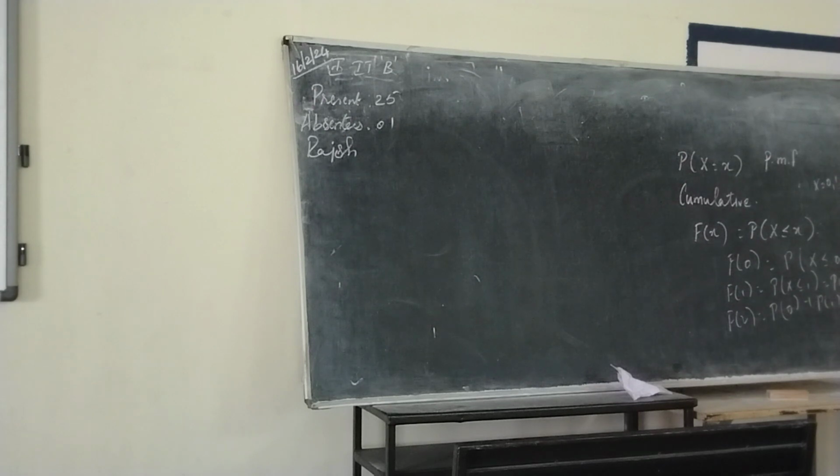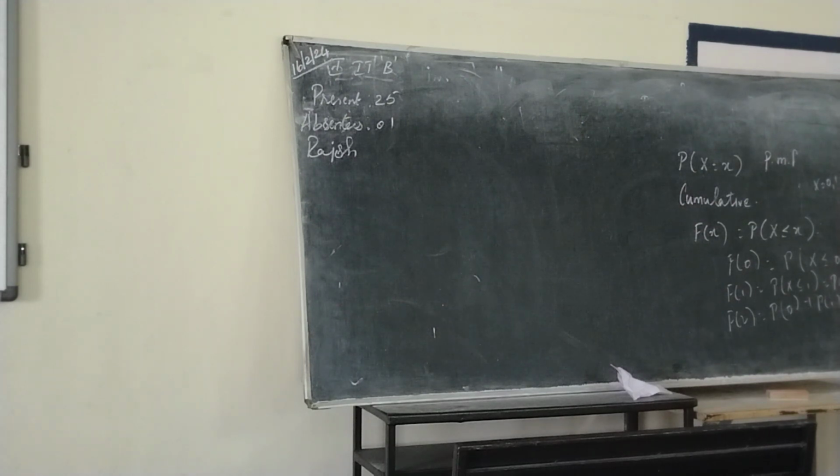What is the range of probability value? 0 to 1. Then how can you declare the answer is greater than 1? It can be less than 1, it can be 0.